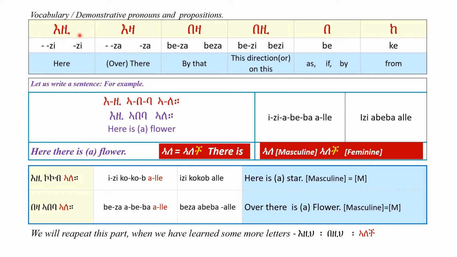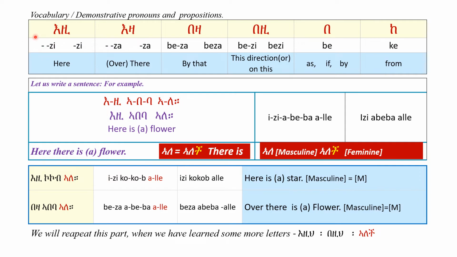Now let us read some demonstrative pronouns and prepositions. እዚ እዛ በዛ በዚ በከ.